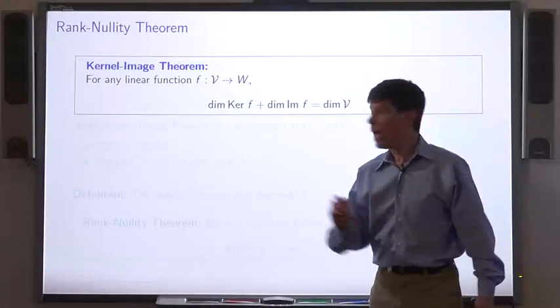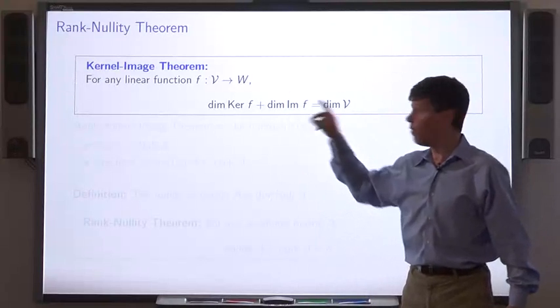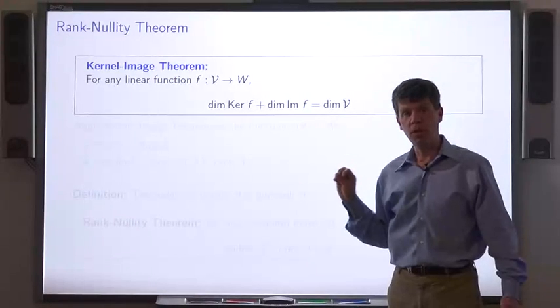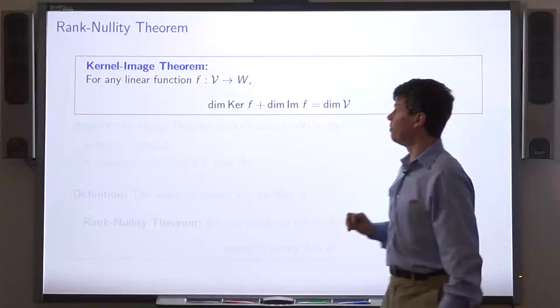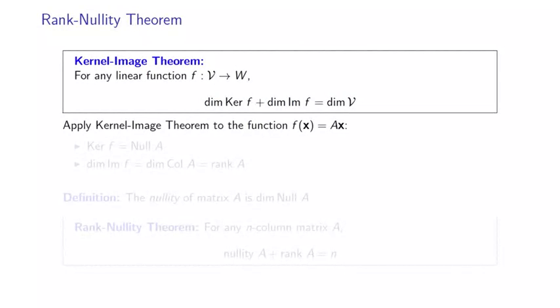Now we'll prove an analog of the kernel image theorem specifically for matrices. Apply the kernel image theorem to the function f of x equals A times x.